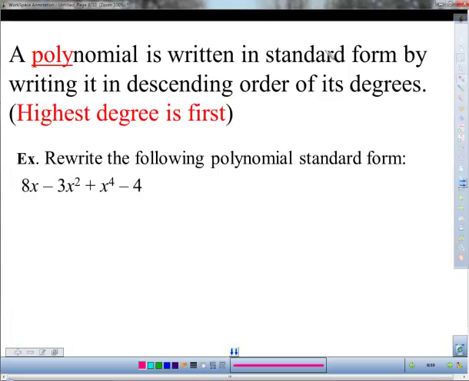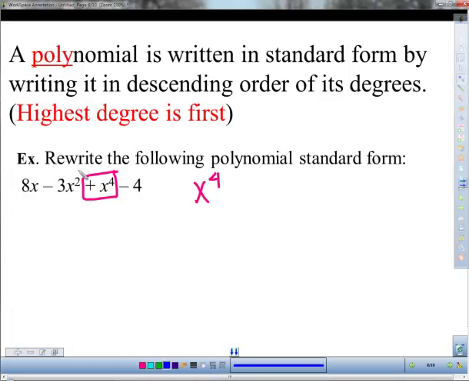A polynomial is written in standard form by writing it in descending order of its degrees, with the highest degree first. So with this polynomial right here, again, I'm going to start with the highest degree, so I have to look at each of my variables and figure out which one has the highest degree. Well, my positive x to the 4th has the highest degree, so that goes first.